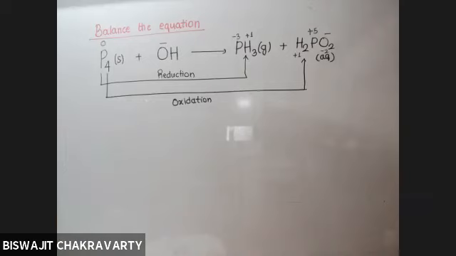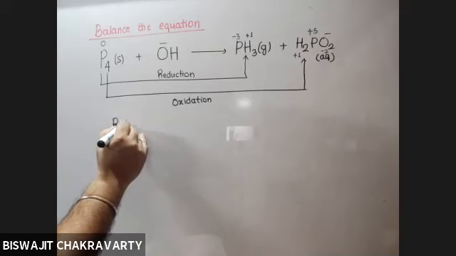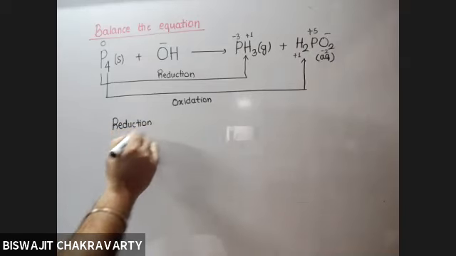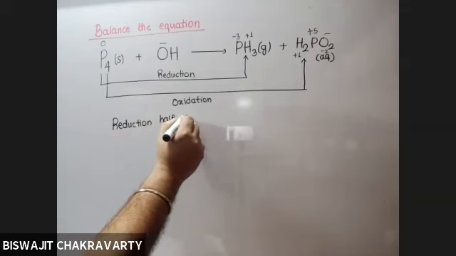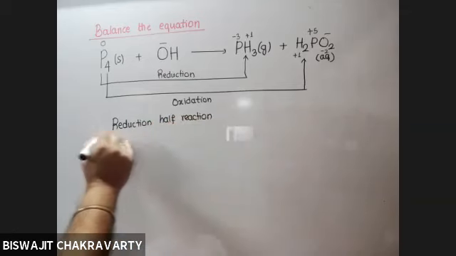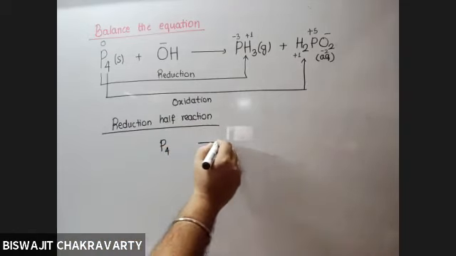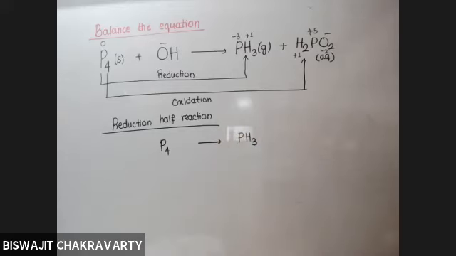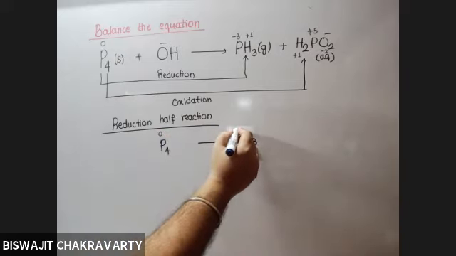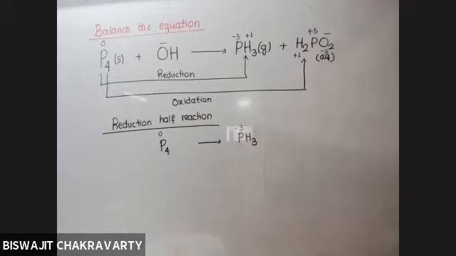So we will write the reduction half reaction and oxidation half reaction. That is very important for us to understand. Don't miss out any important point. P4 is changing to PH3. The oxidation number of phosphorus was 0 and now it is -3. Is the phosphorus atom balanced? No, sir. So we need to put 4 PH3, isn't it?